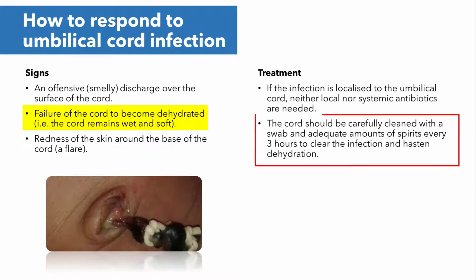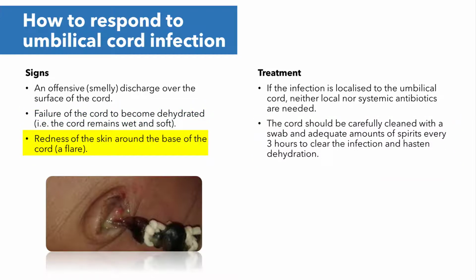The cord should be carefully cleaned with a swab and an adequate amount of spirit every 3 hours. Okay, this is something the mother can do, so you teach the mother how to do that, every 3 hours to clear the infections and hasten dehydration. The next thing is redness of the skin around the base of the cord.